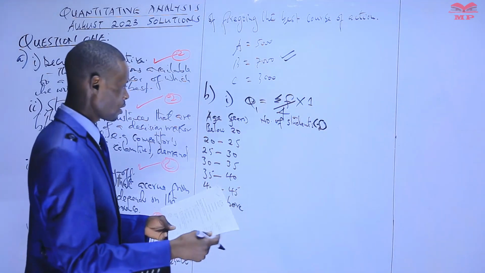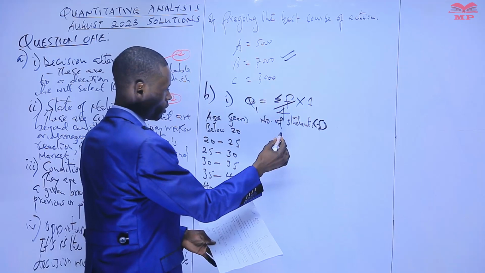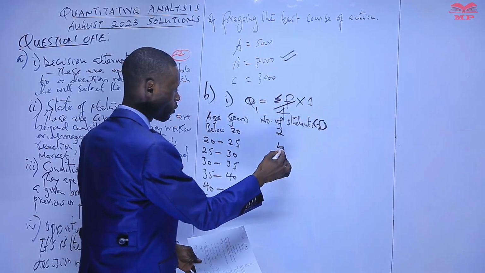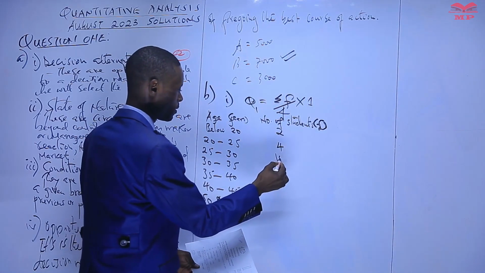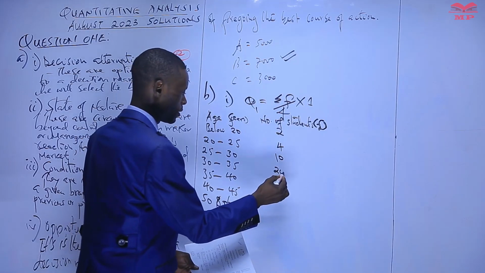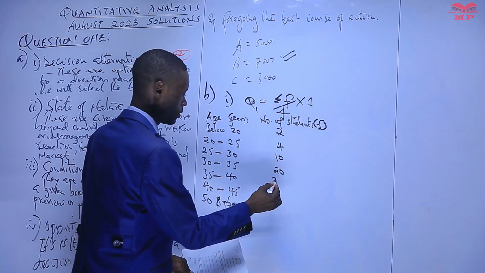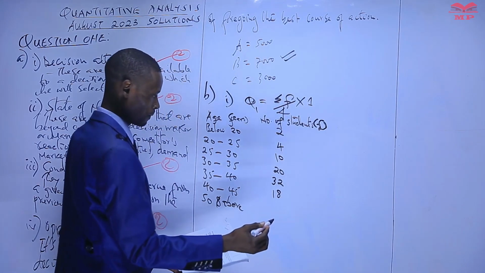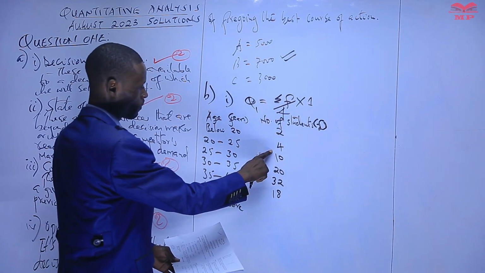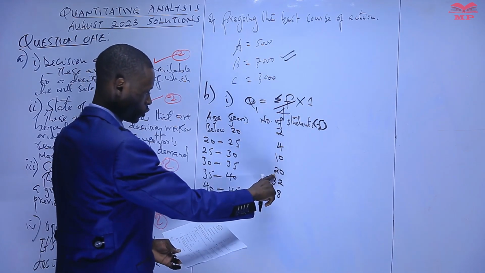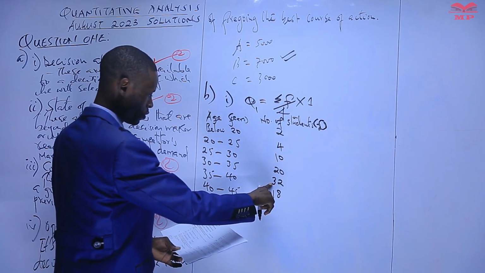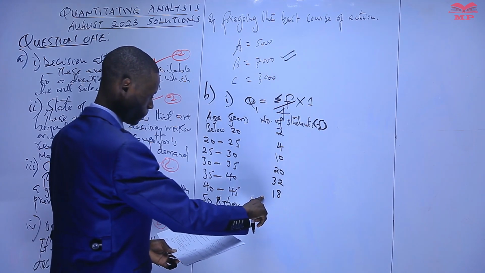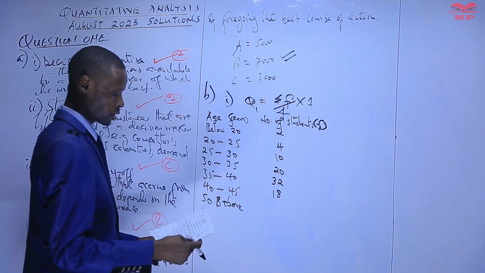Okay. Now let us plug the figures to the respective ages. That is the frequency. The first one is 2, followed by 4, 10, 20, then we have 32, we have 18, that is in respect to 40 to 45.